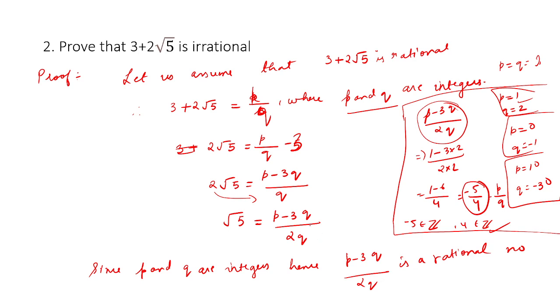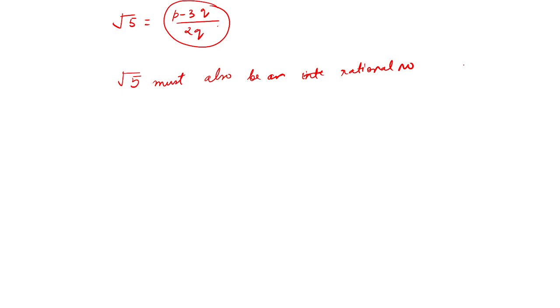But we know that root 5 is not a rational number.